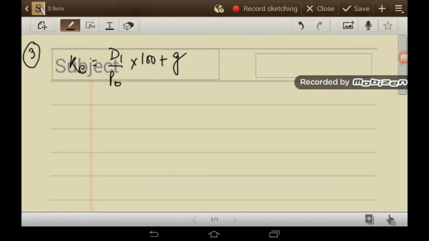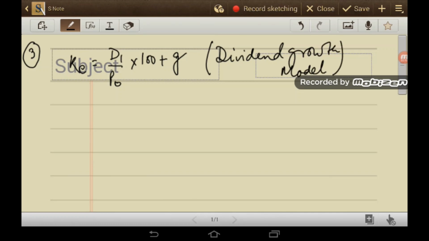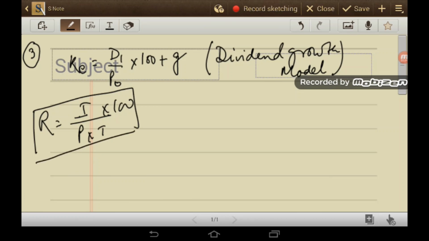Cost of equity is equal to D1 by P0 into 100 plus G. This is the dividend growth model. So the same formula which we have discussed earlier, that is R is equal to I by P into T into 100, is used while calculating the cost of equity.